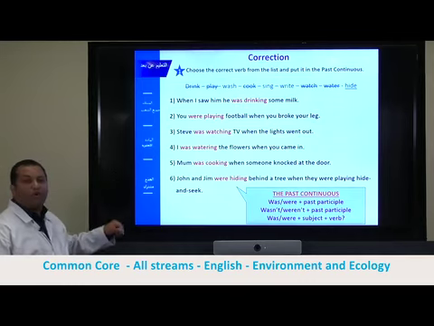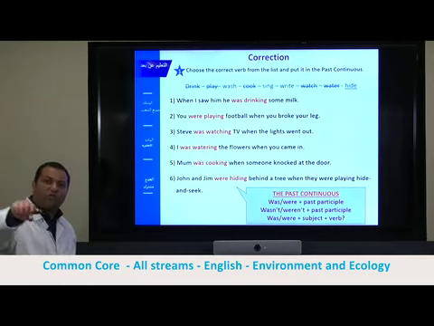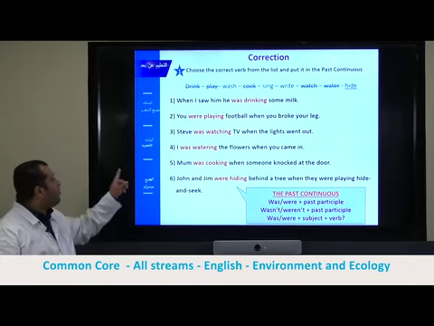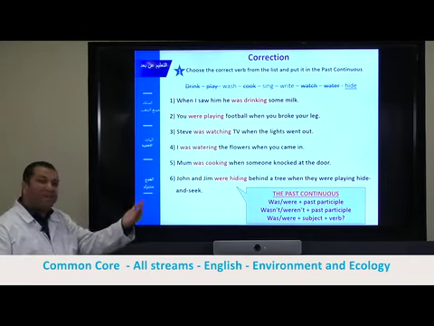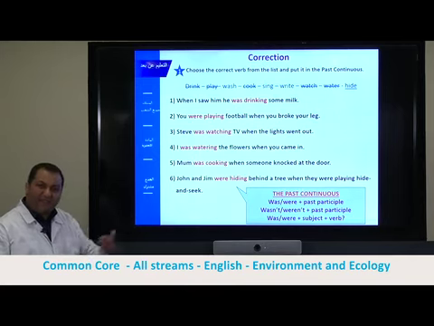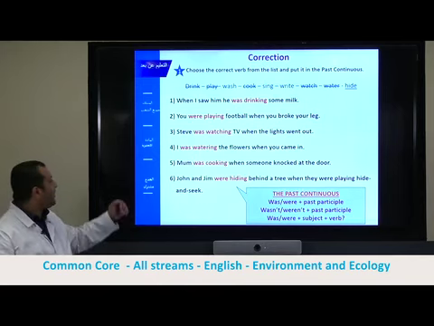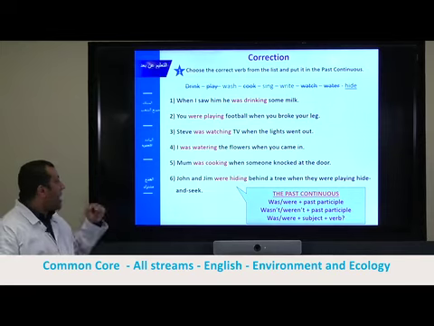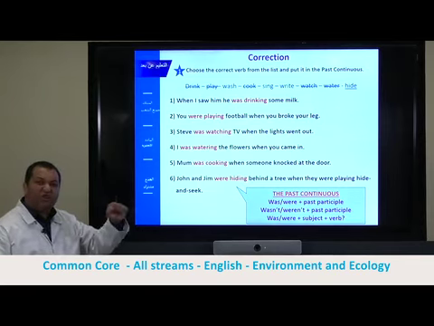Number 4, I was watering. To water, we water trees, we water flowers. I was watering the flowers when you came in, when you arrived, when you showed up. Number 5, Mom was cooking when someone knocked at the door.